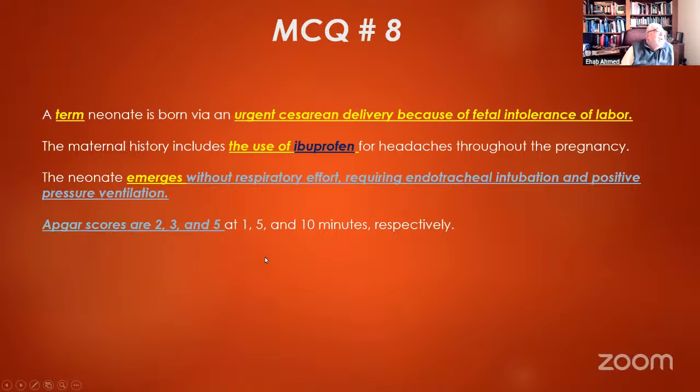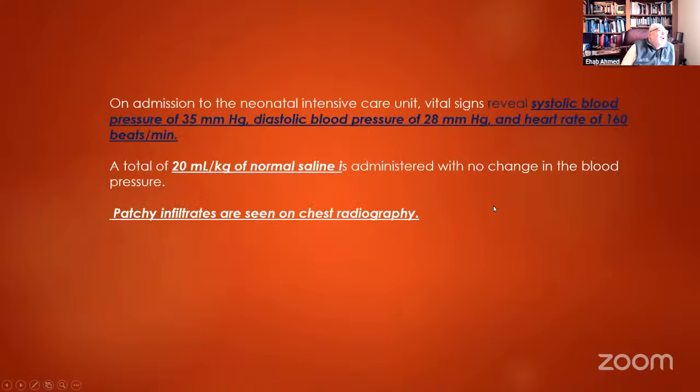Apgars were 2, 3, and 5, low, low, low. The baby's blood pressure was low, systolic 35, diastolic 28. For a term baby, this is very low. Heart rate 160. Then was given a bolus of normal saline.